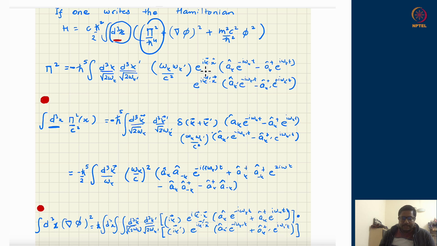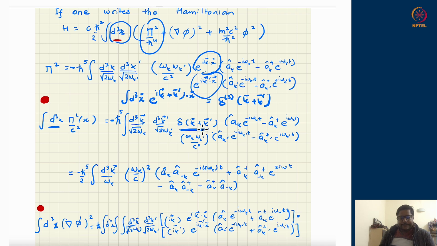X dependency is coming here and here only. There is no other x dependency anywhere. So I will get an integration like d3x e to the power I k dot x plus e to the power I k prime dot x. So together I can write it like this. And this I know is a definition of a delta function, three-dimensional delta function, of vector k plus k primed. So this is what I have written over here.